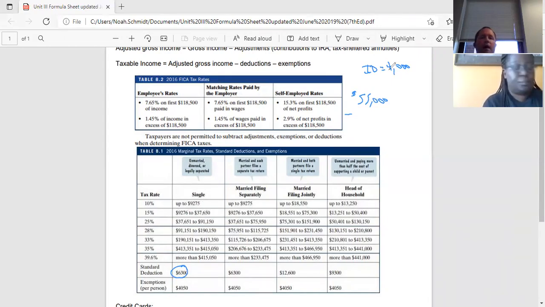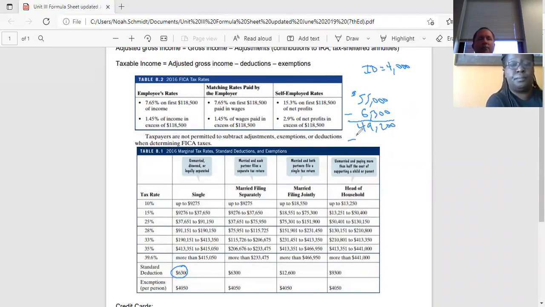So if you've got itemized deductions of 4,000 and a standard deduction of 6,300, then the person is going to want to take the standard deduction, because that's more that's going to be taken away from the taxable income. So after the deductions, you have 49,200 of taxable income.